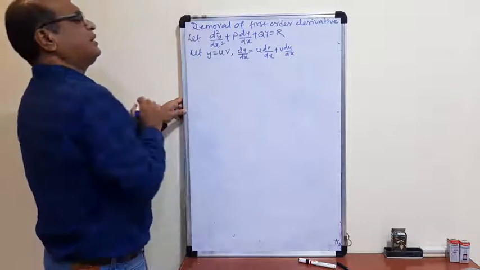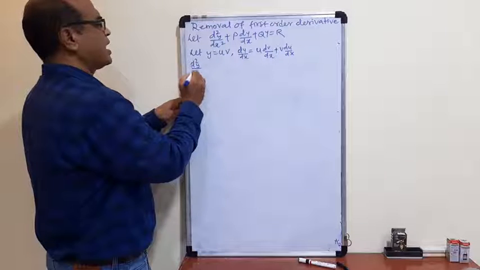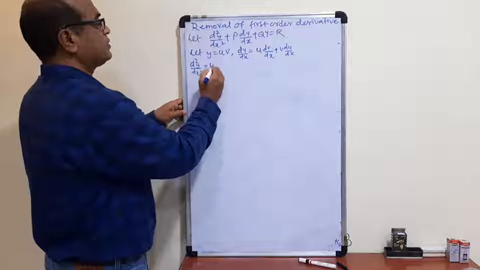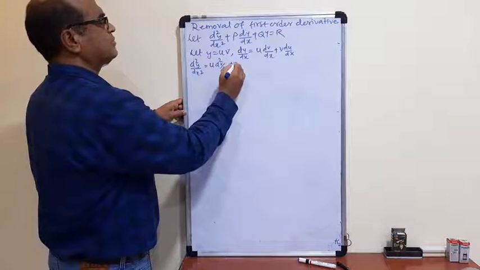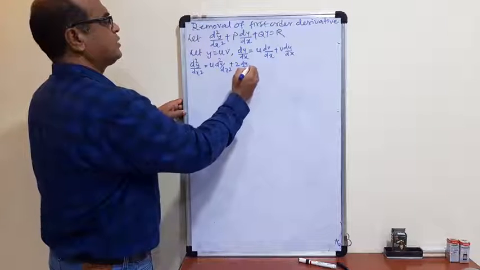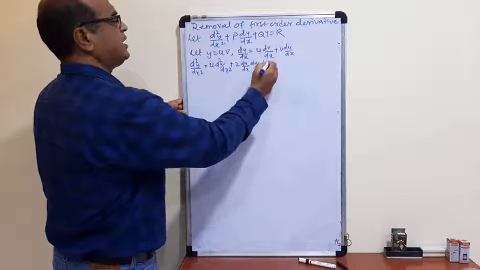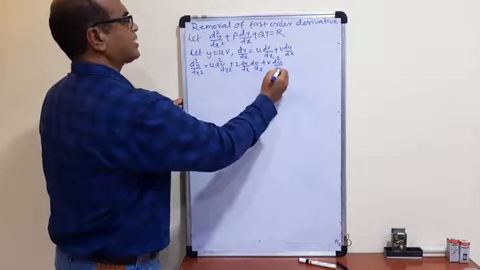So again, differentiate this with respect to x. So d2y by dx square is equal to u into d2v by dx square plus 2 times du by dx into dv by dx plus v into d2u by dx square.